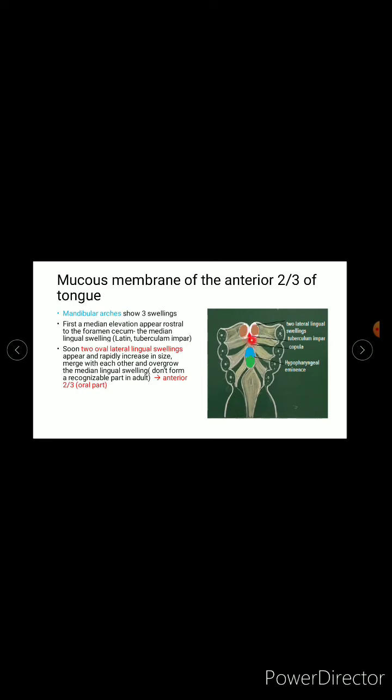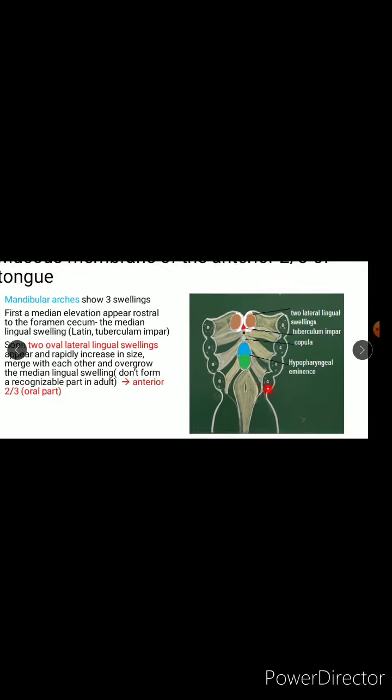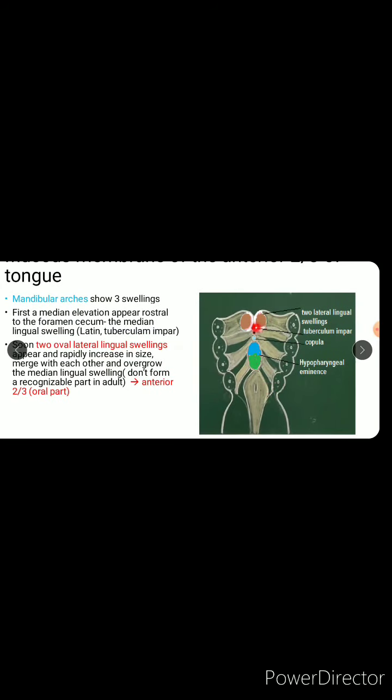The first swelling that appears is the tuberculum impar, here in red. This tuberculum impar, or median lingual swelling, appears first, just rostral to the foramen cecum.